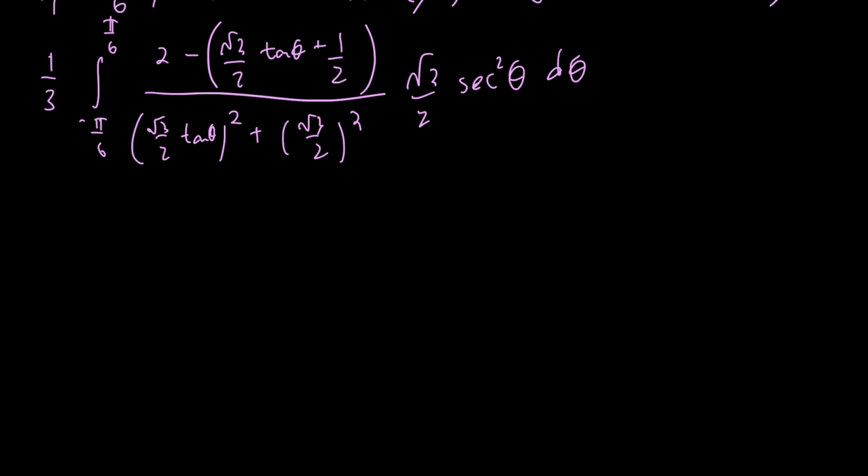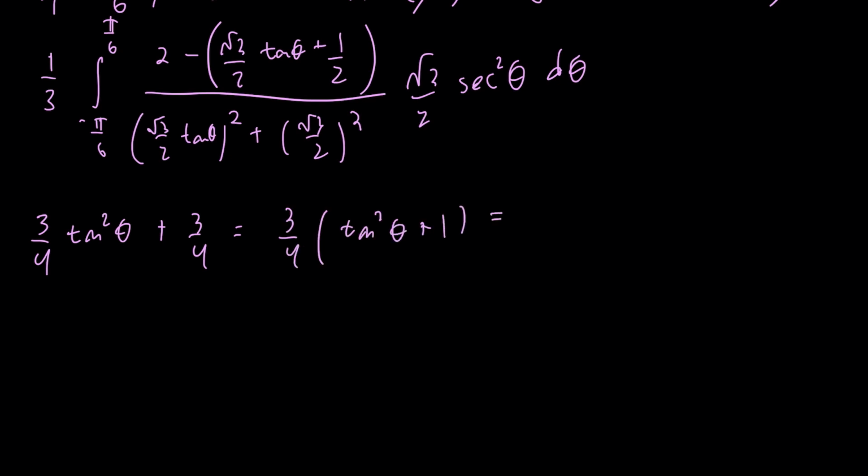And I'll focus on the denominator. So we're going to have 3/4 tangent squared plus 3/4, but that's 3/4 tangent squared plus 1, which simplifies into 3/4 secant squared theta.